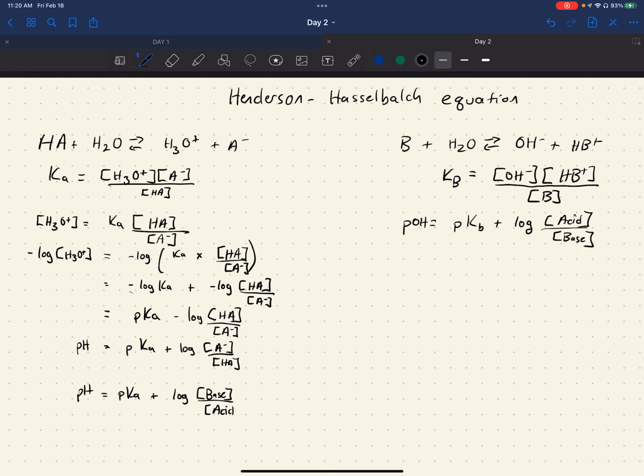So this would be the base version of the Henderson-Hasselbalch. You'll notice they're very similar, but in the acid version with pH, the base goes on top, and in the base version where we find pOH, the acid goes on top. Just something to keep in mind.